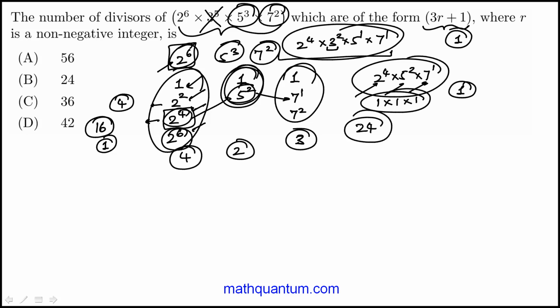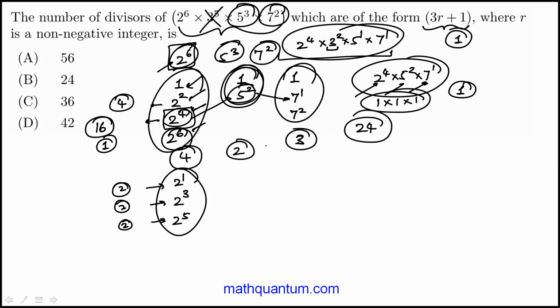Now there are other cases I also have to consider, where the other powers here, which are 2 cubed and 2 to the 1 and 2 to the 5, all 3 of these will give you a remainder of 2. Because anytime you divide a power of 2 by 3, you will only get remainders of either 0, 1, or 2. So these 3 give you remainders of 2.